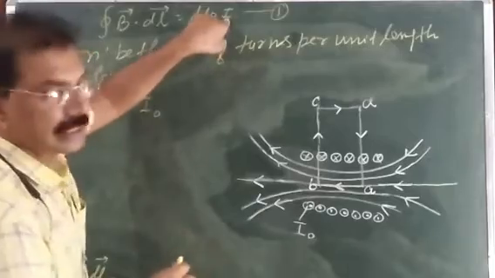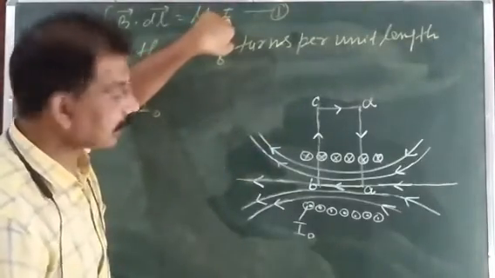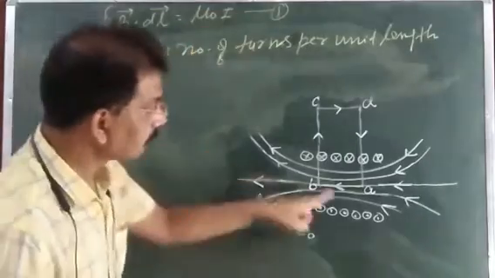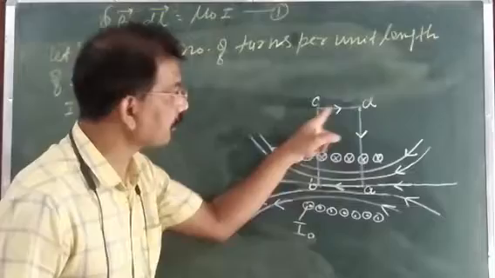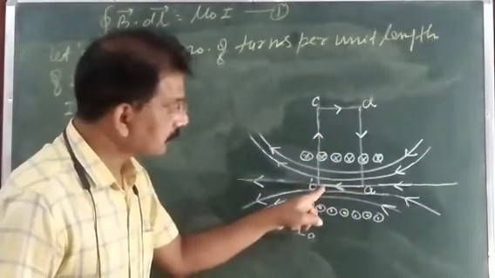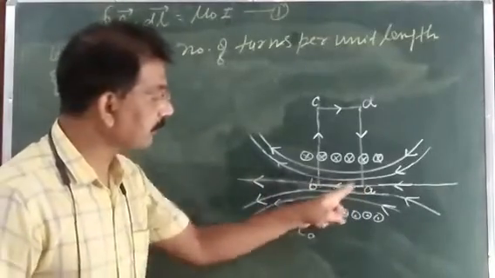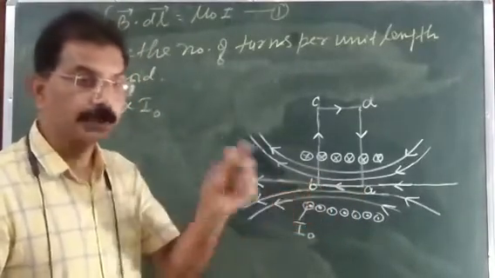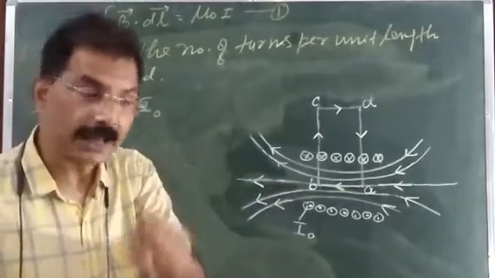ये जो मैंने I लिखा था क्या था? Current enclosed by this rectangle. तो what is the current enclosed by this rectangle? पहले देखिए आप इस साइड AB में कितनी करंट आ रही है, वही करंट जो है इसमें सर्कुलेट करेगी. तो what is the current in this AB? How many turns in this AB? The length of this AB is x. In unit length, how many turns? n.